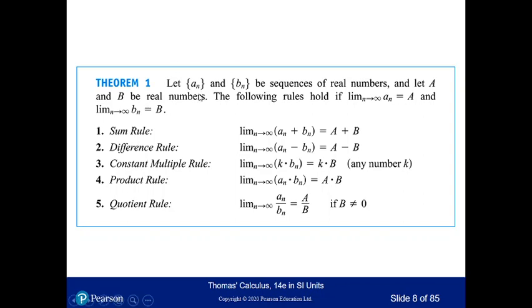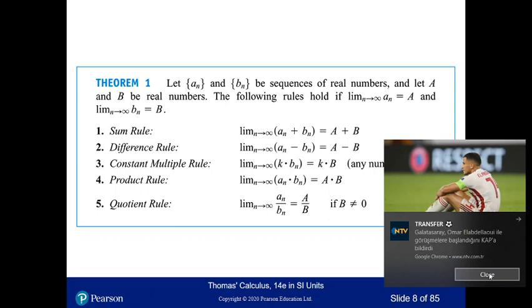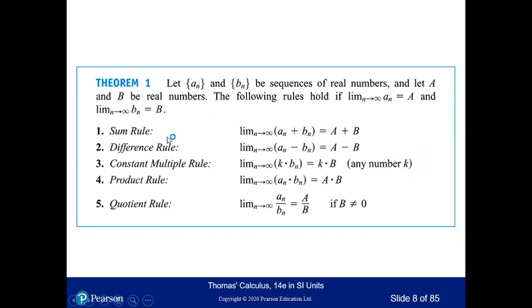There are some rules with sequences. You can consider them as functions. Functions, we can add them, subtract them, take the ratio, multiply them, etc. You can also do that with sequences. Let's say a_n and b_n are sequences of real numbers, and let a and b be the real numbers that are the limits of these sequences. Limit of a_n is a, limit of b_n is b. The limit of the sum of the sequences a_n and b_n is equal to the sum of the limits.